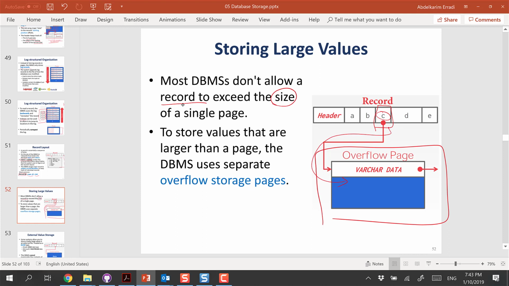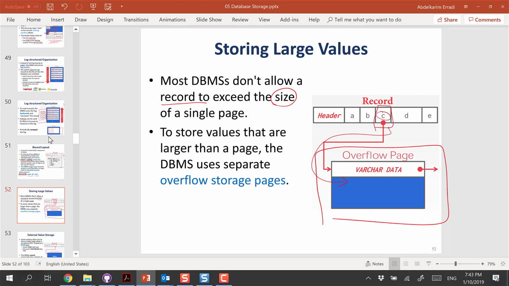If the size of the record exceeds the size of the page, there's no other way to do it except to do an overflow page. So the record will be pointing to other pages, and that page can also be linked to other pages if the record happens to be very, very big. Is it clear? Okay. That's one way of doing it.